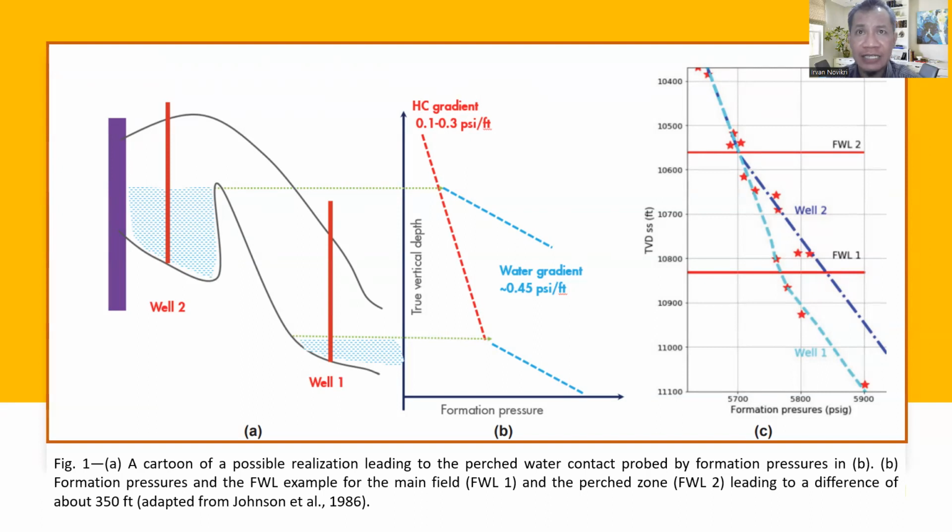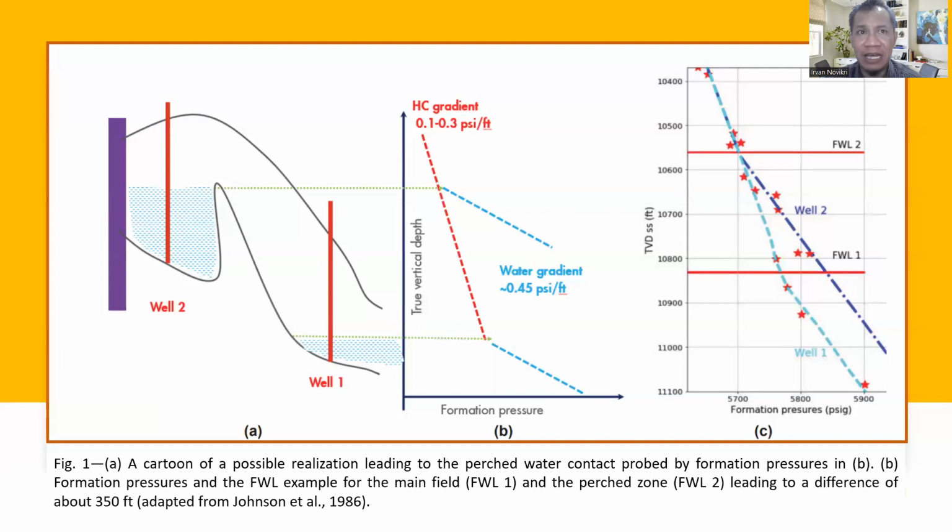Perched water contact is explained as a situation where water accumulates and forms a separate zone above the hydrocarbon column in oil and gas reservoirs. This can create confusion and hinder hydraulic communication across the field.